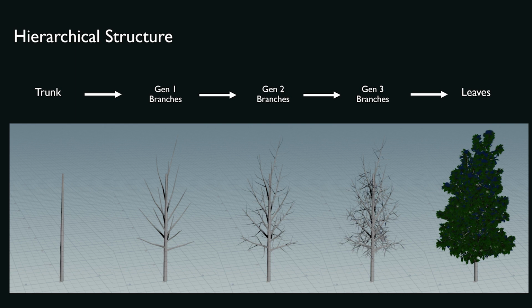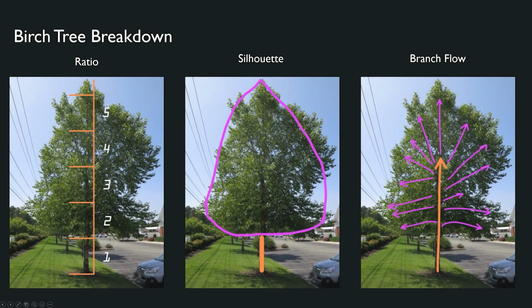And this system can be used to model a number of different tree shapes as long as we are staying true to the generation style and the overall style of the tree. We can make a number of different tree shapes. So here is a visual breakdown of this birch tree image I quite liked. And there's a number of different broad stroke elements here.